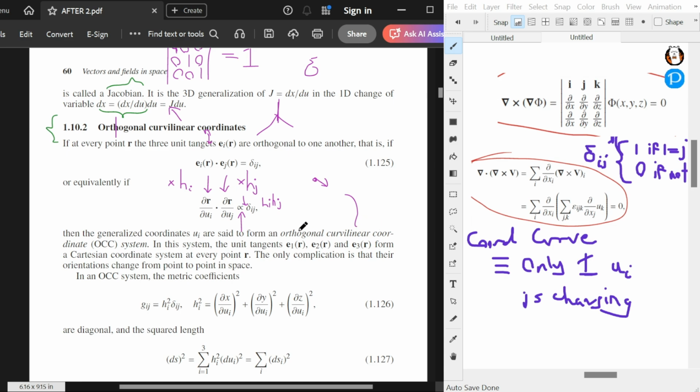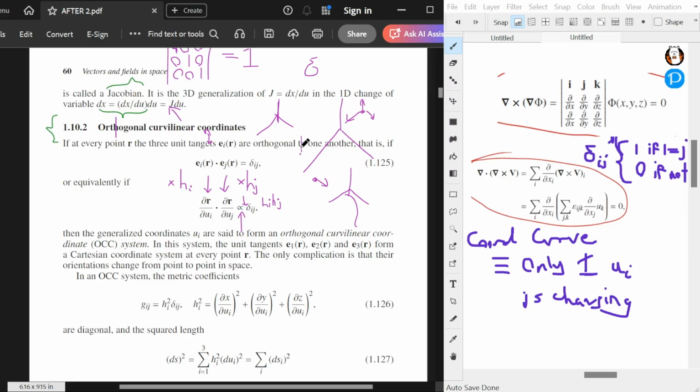In the system, the unit tangents form a Cartesian coordinate system at every point R. The only complication is that their orientations change from point to point in space. Like normal Cartesian coordinates over here: Y is always up, Z is always here, X is always here.